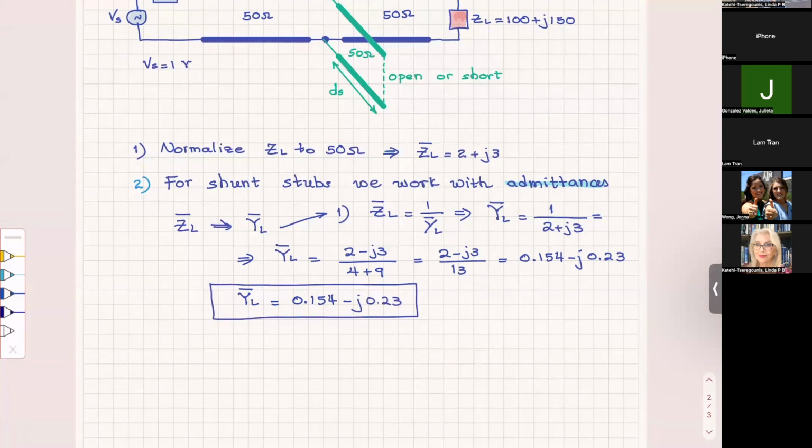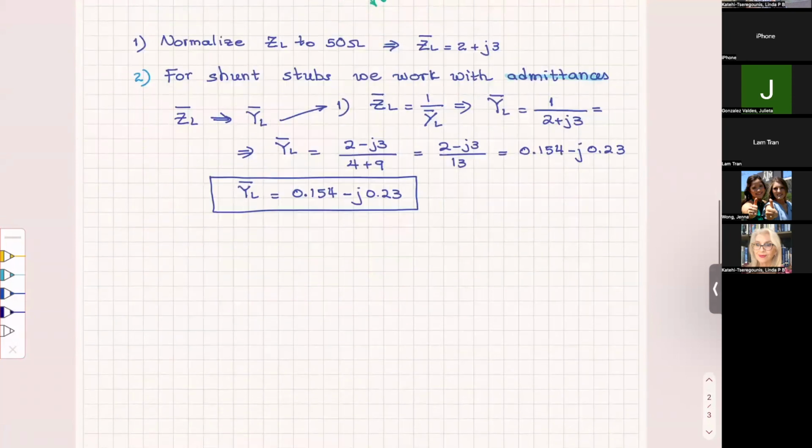The other approach, number 3 (way 2), is to find Y_L, which is the inverse of Z_L, using the Smith chart.